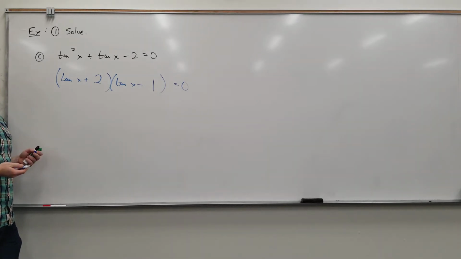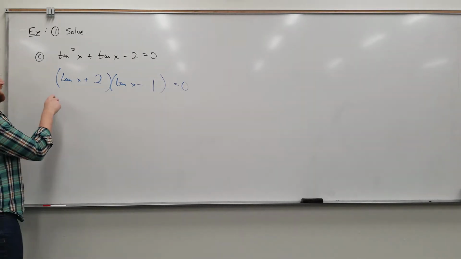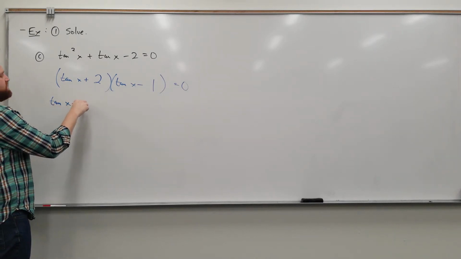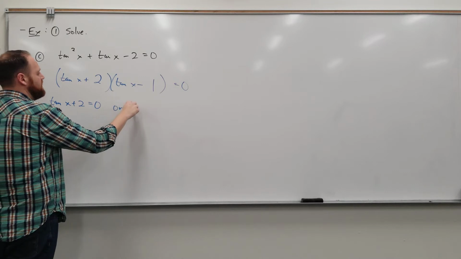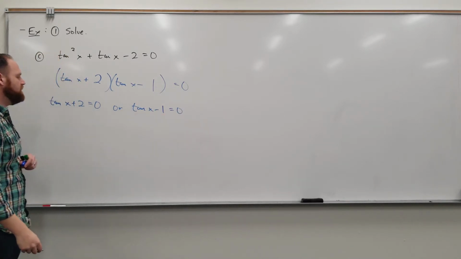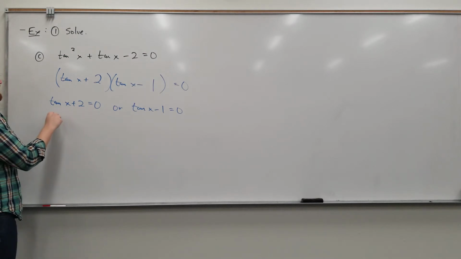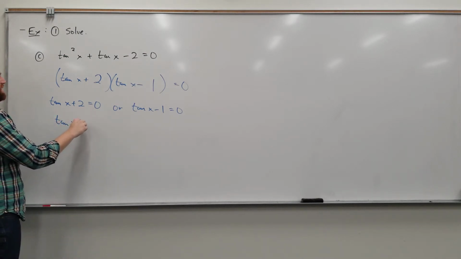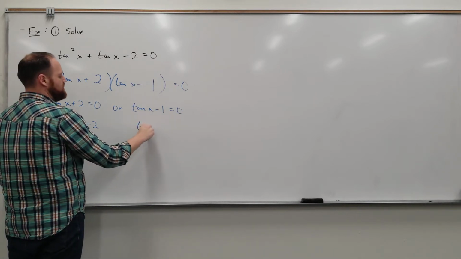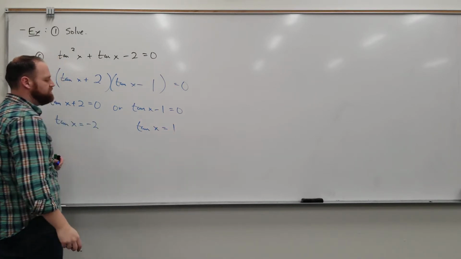Once it's factored, the rest is history, right? So we can say now tangent x plus 2 should be 0, or tangent x minus 1 should be 0. This means that tangent x is negative 2, or tangent x is positive 1.